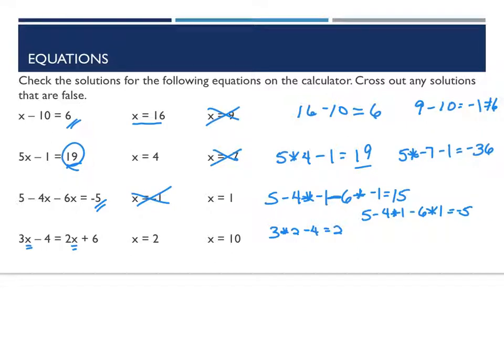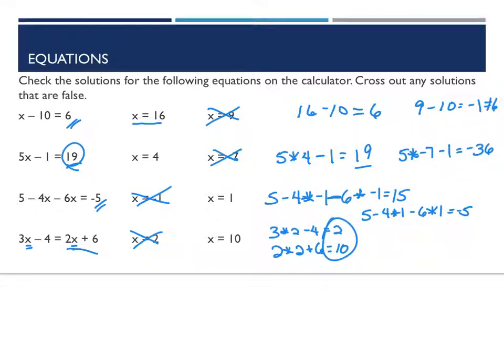I don't care what I got for an answer with just plugging it in once. Now I need to plug it in the other side. 2 times 2 plus 6 equals 10. These two don't match, so 2 is not a solution.